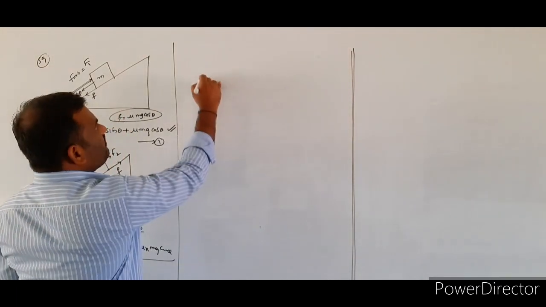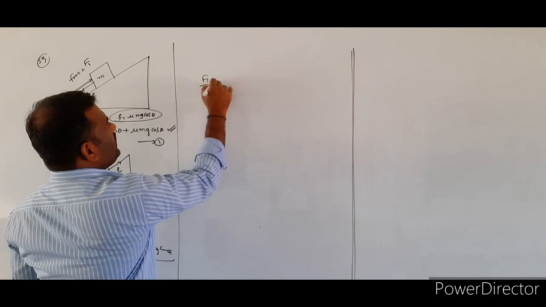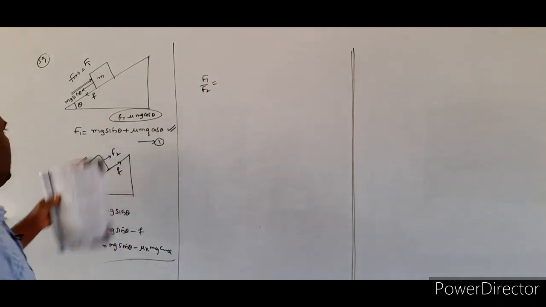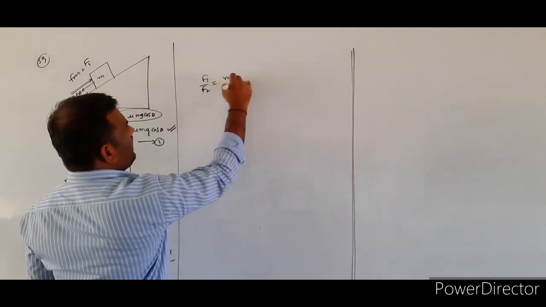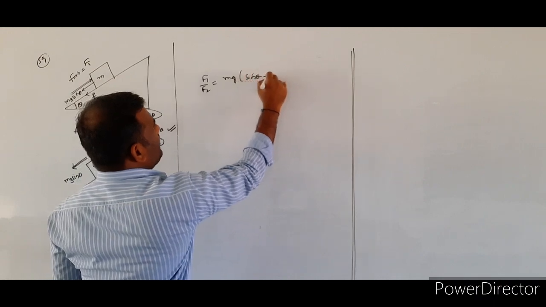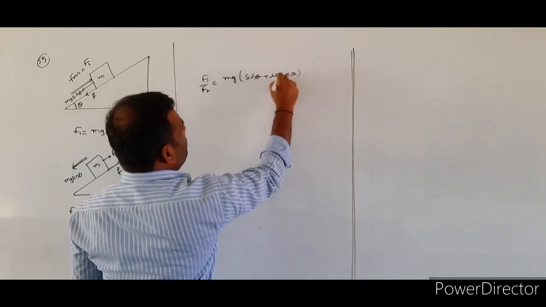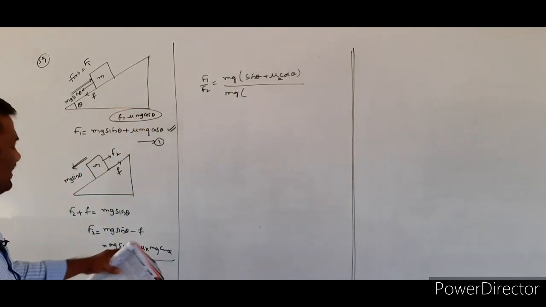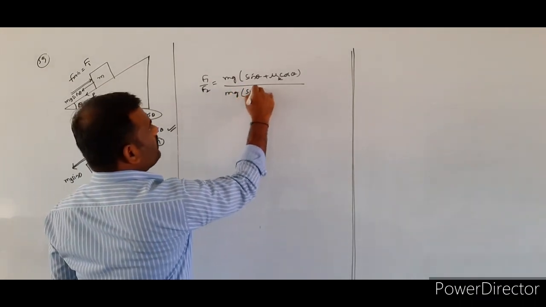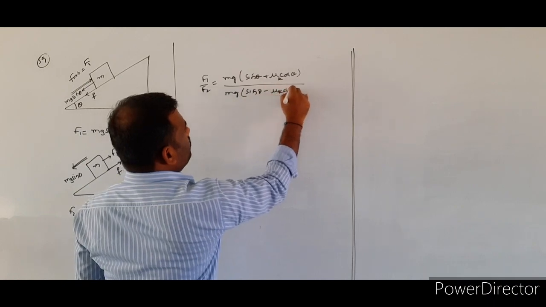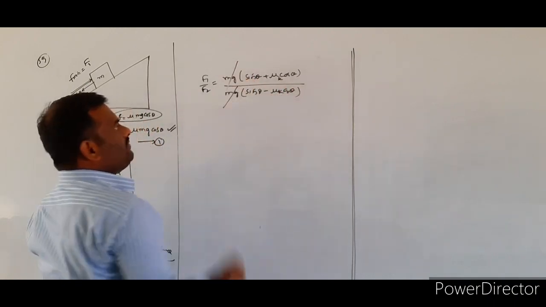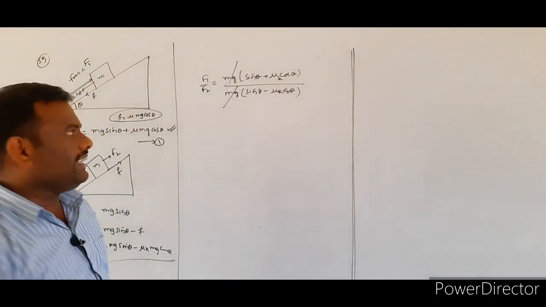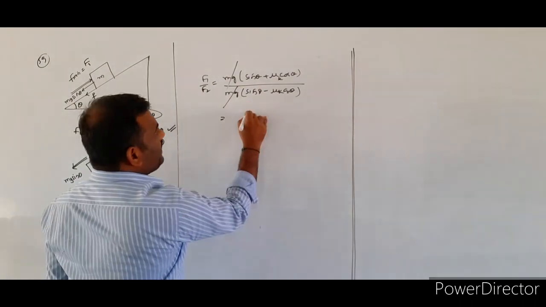So F1 by F2 is equal to F1 by F2. Here, if you take mg as the common factor, sin theta plus mu k cos theta by, in the second also if you take mg as common, sin theta minus mu k cos theta. Mg will get cancelled. See what is left here?